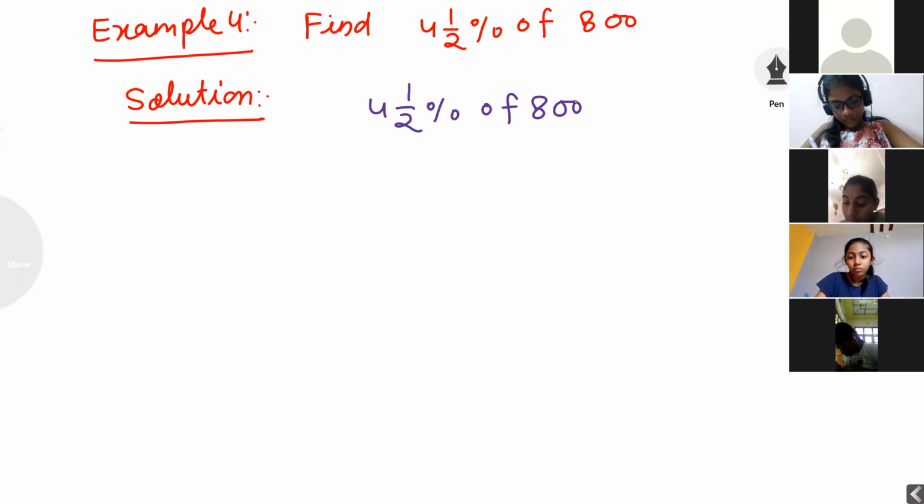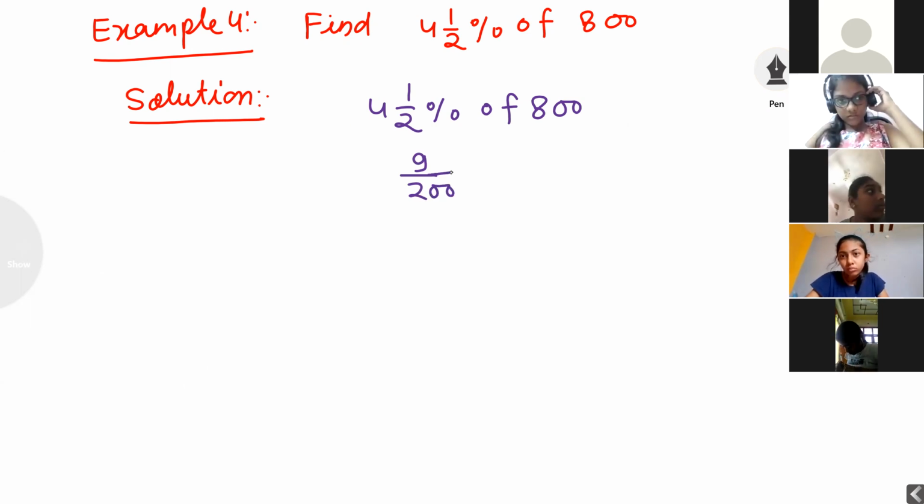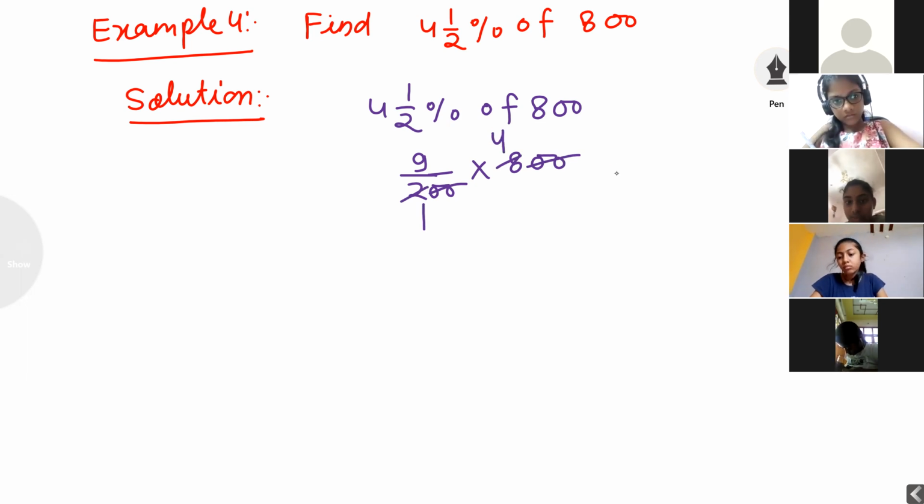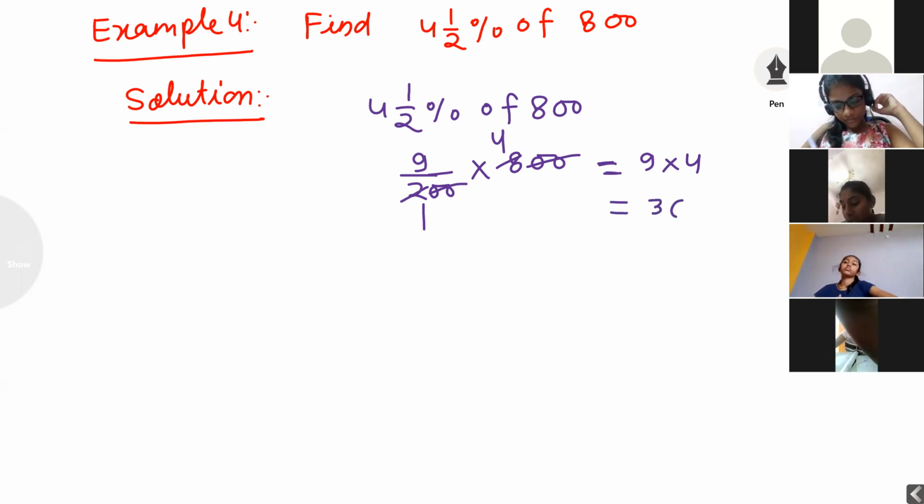Denominator multiplied by whole number plus numerator. 4 2s are 8 plus 1, 9. 9 by 200, by 200 because percentage is there, into 800. 00 cancel. 2 1s are 2. 2 4s are 8. 9 into 4 is 36.